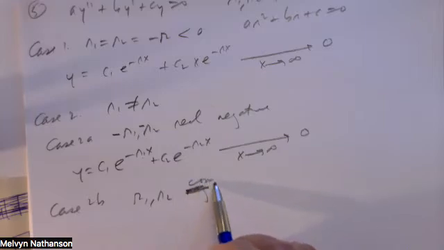And the third case, or the second subcase, if you like, is r1 and r2 are complex numbers, not real. But then they occur in complex conjugate pairs, and you get a solution, let's say, with real part minus r. So let's say r1 is minus r plus i times s, and r2 is minus r minus i times s.